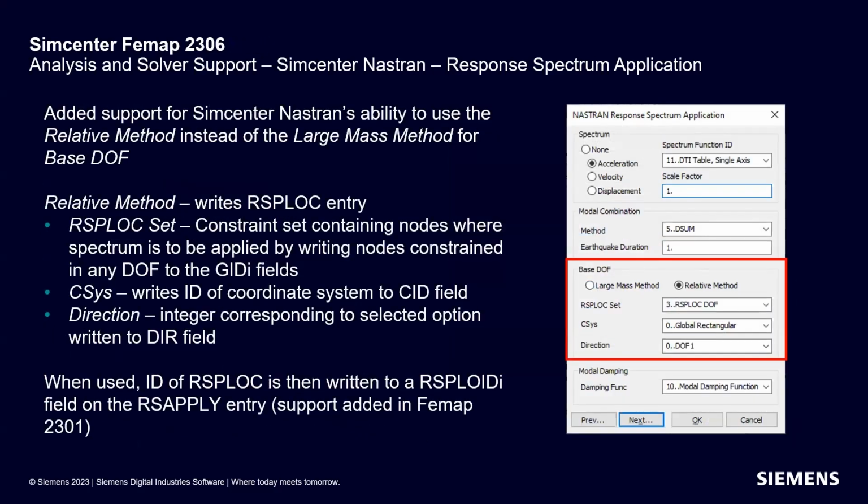And then for solution 2306, we went a little bit past this, and we added the ability to use either the relative method instead of the large mass method for the base DOF option.